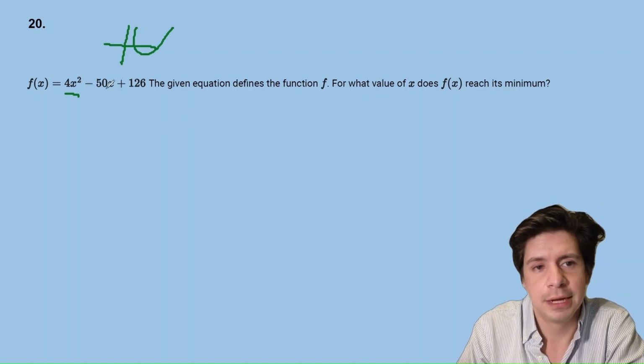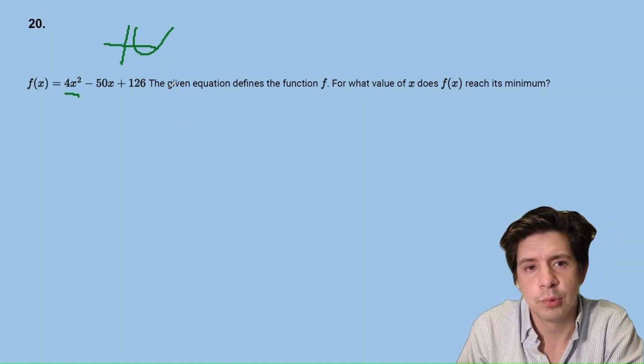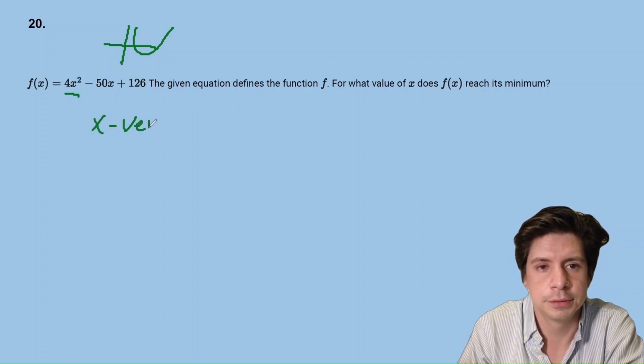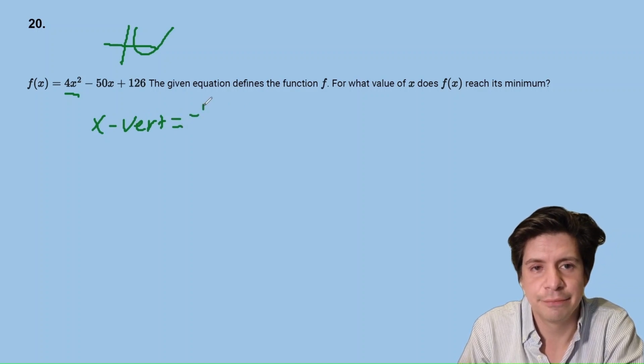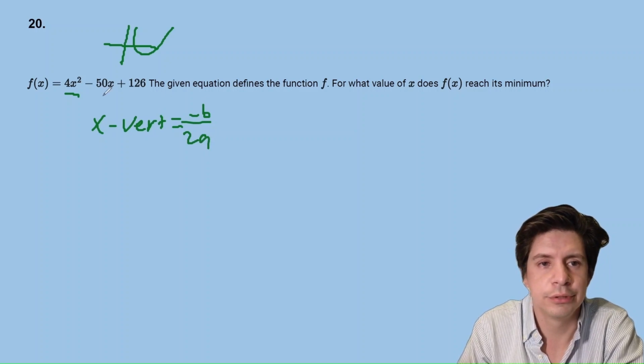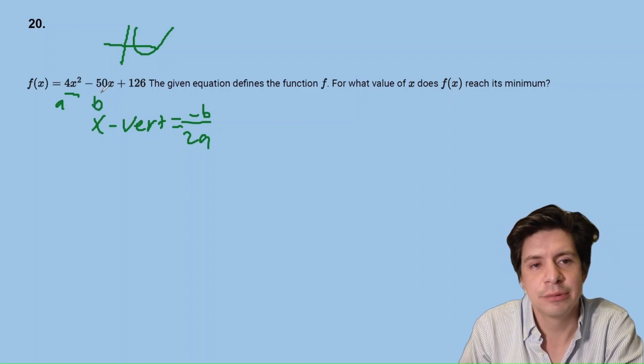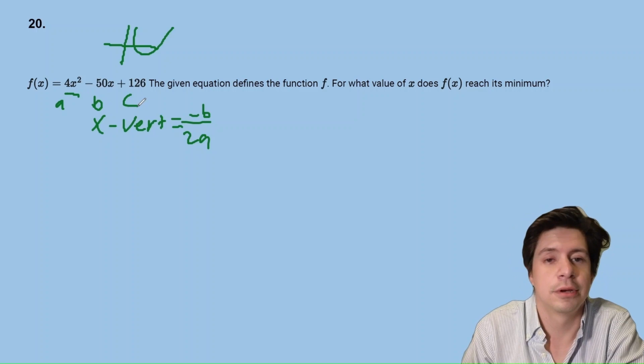So how do we find the x value at the minimum? We find the x value at the vertex, right? And to find the x value at the vertex, we'll just call this x at vert, is going to be negative b over 2a. And how do we do that, right? a is the one with x squared, b is the one that goes with x, don't forget the negative there, and c is the one on its own.